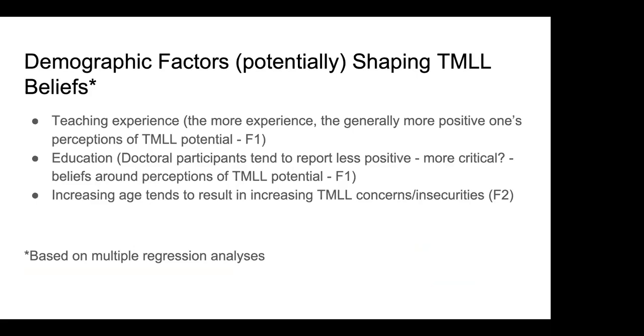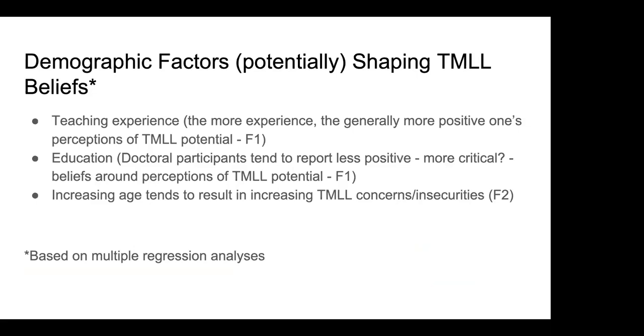Education had a generally positive correlation with our perception around effectiveness of technology, except with doctoral people with PhDs, which you'll find intriguing. They tended to be more critical around technology use, which may not be surprising.